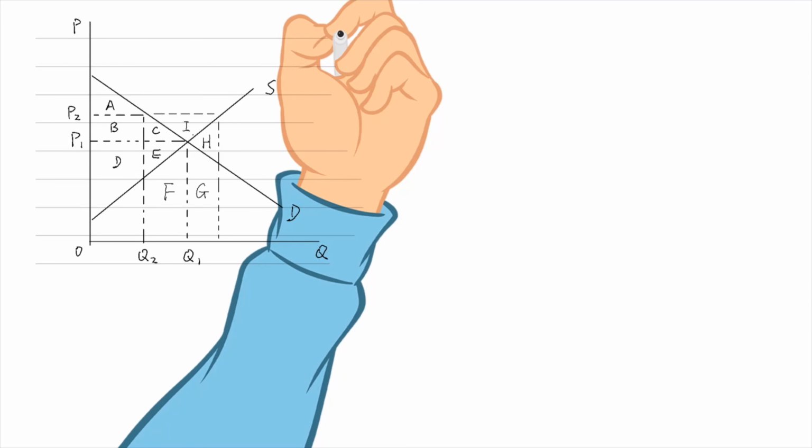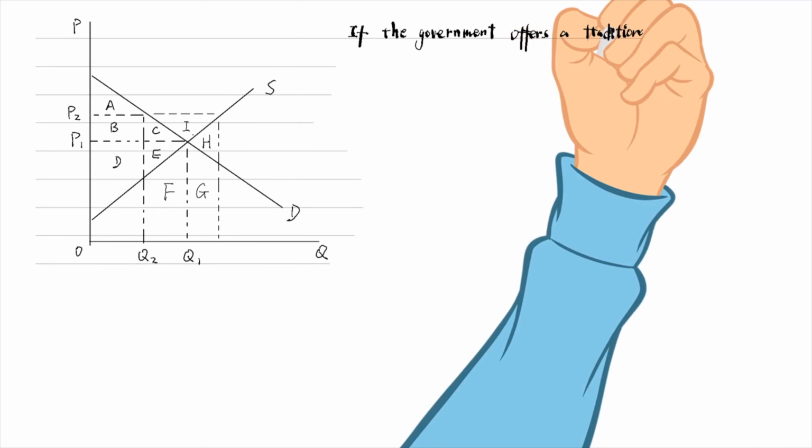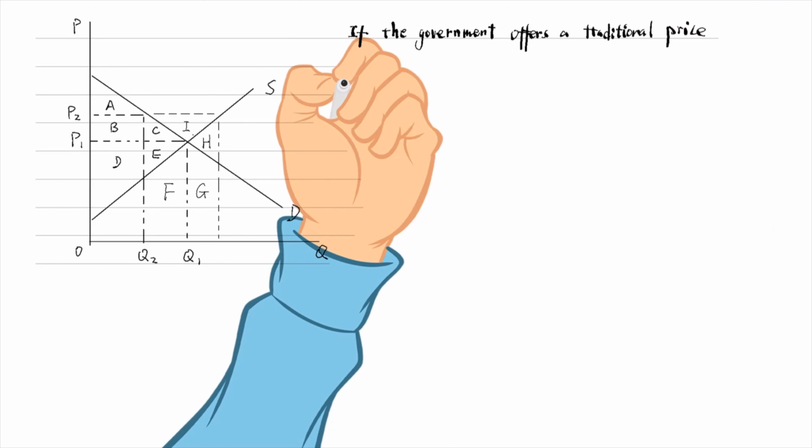If the government offers the traditional price support at P2, the deadweight loss will be much larger.